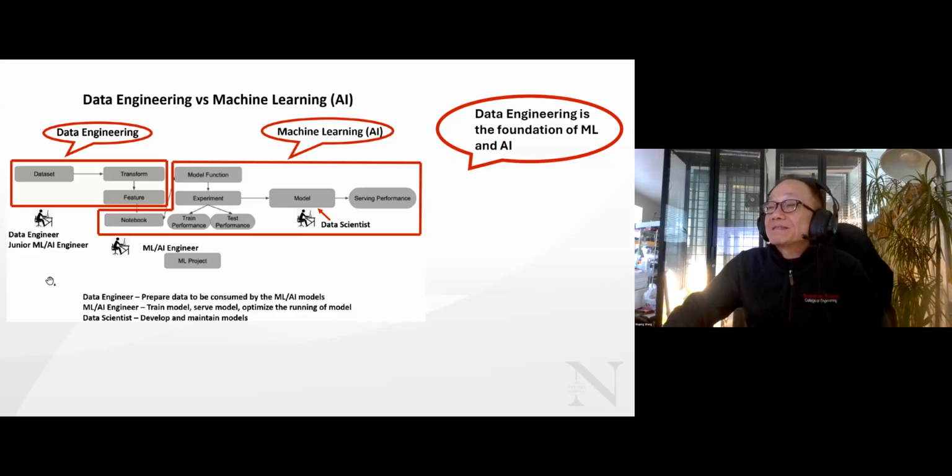We may need to add some additional features which will be used by the model. So this part is data engineering, and this part is the foundation of any ML or AI project.